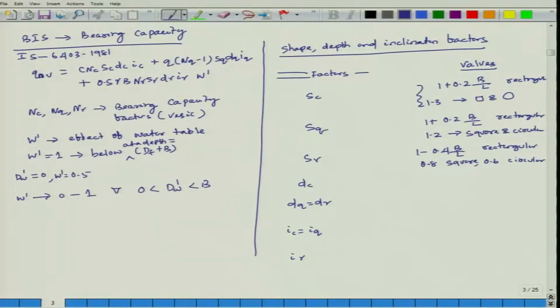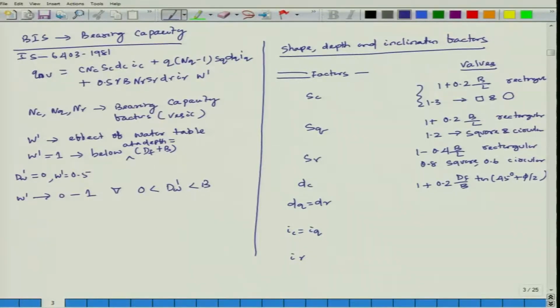The depth factor dC is equal to 1 plus 0.2 Df by B tan(45 degree plus phi by 2).